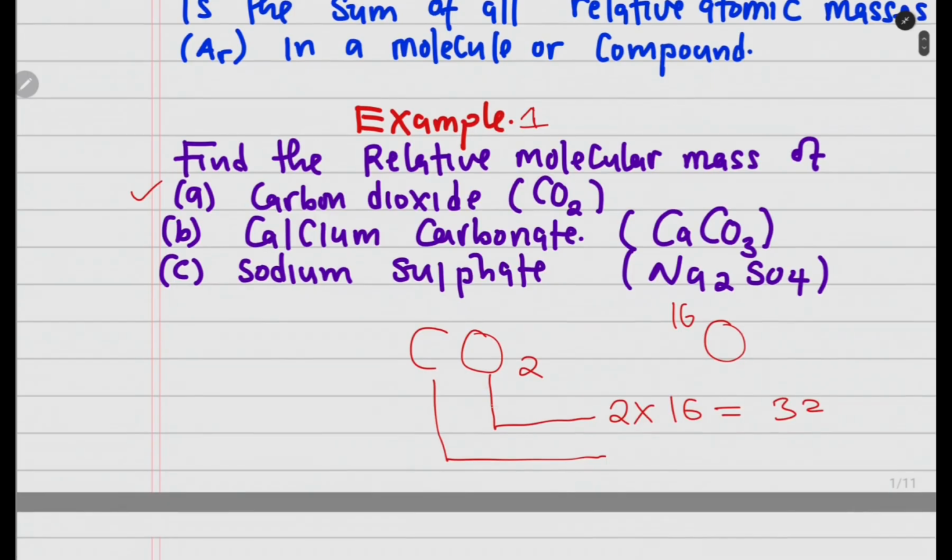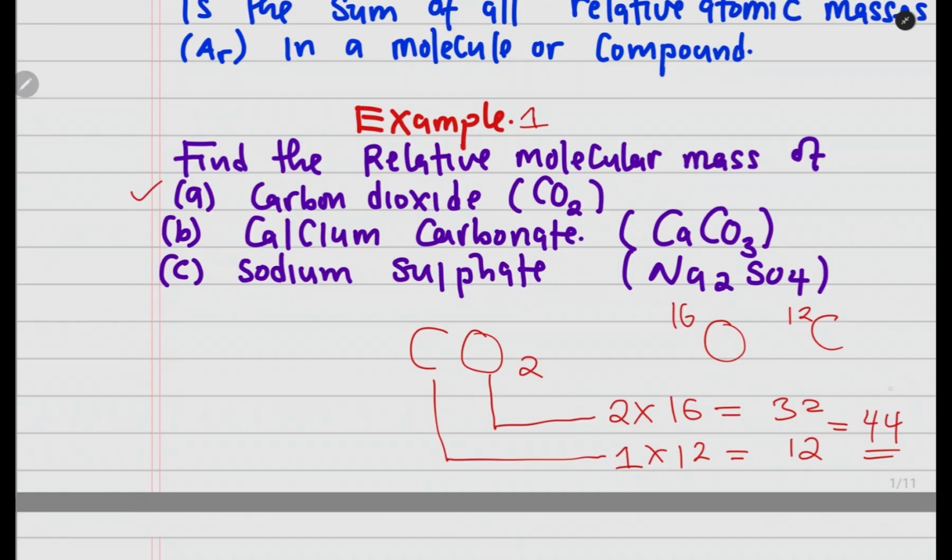Then carbon, if you look at the periodic table, carbon is just C, on top there's 12. So carbon is 12, but we just have 1 carbon. So 1 multiplied by 12 is equal to 12. If you add this, you're going to find 44. So 44 is the relative molecular mass of carbon dioxide.